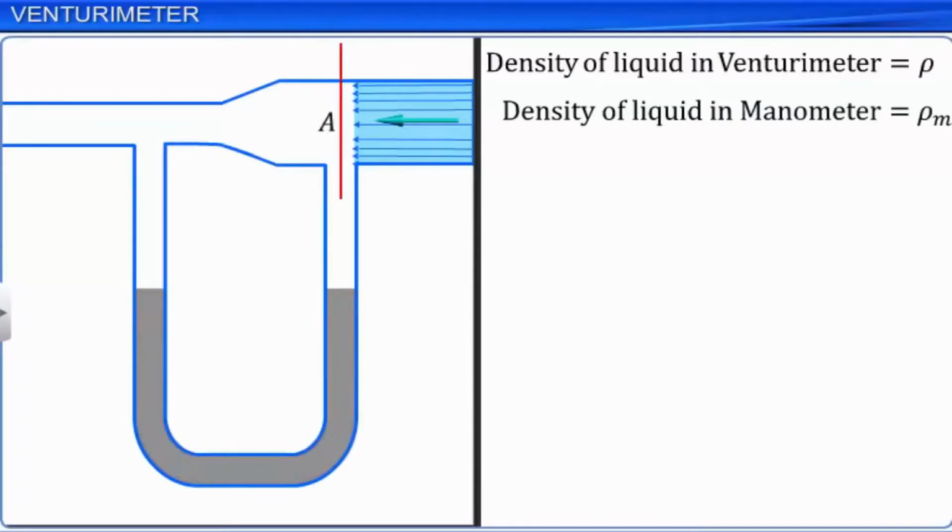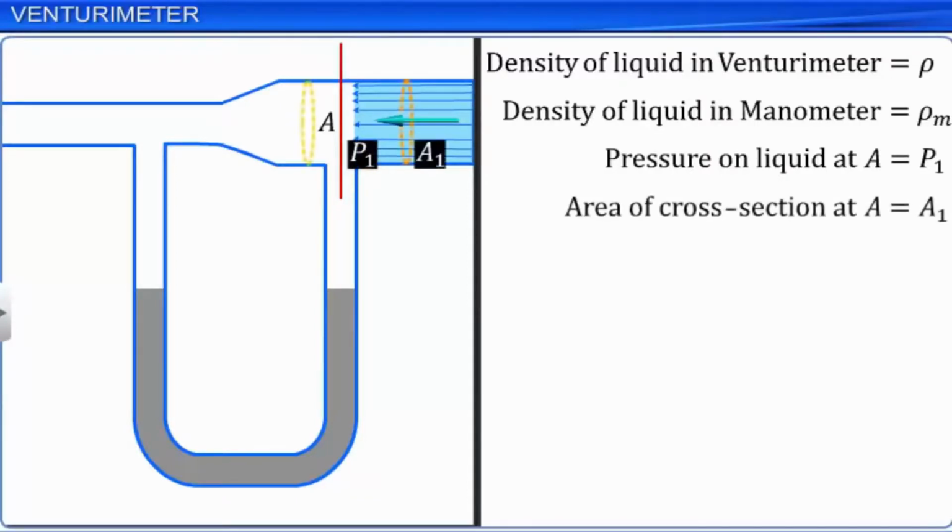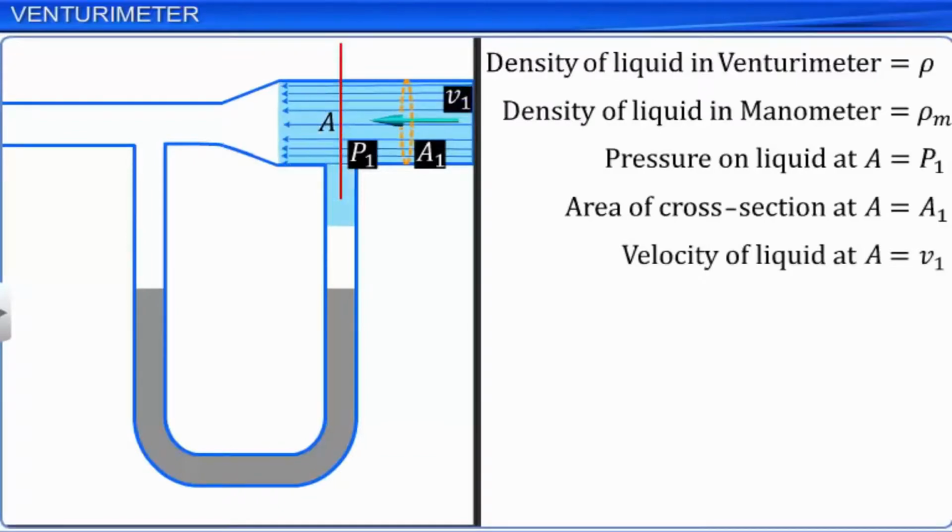Consider a point A on the venturimeter tube, where the diameter is larger. Let P1 be the pressure on the liquid, A1 be the area of cross-section and V1 be the velocity of the liquid at A. As the liquid heads for the constriction, the area of the cross-section of the tube decreases, and hence its velocity increases, decreasing the pressure therein.